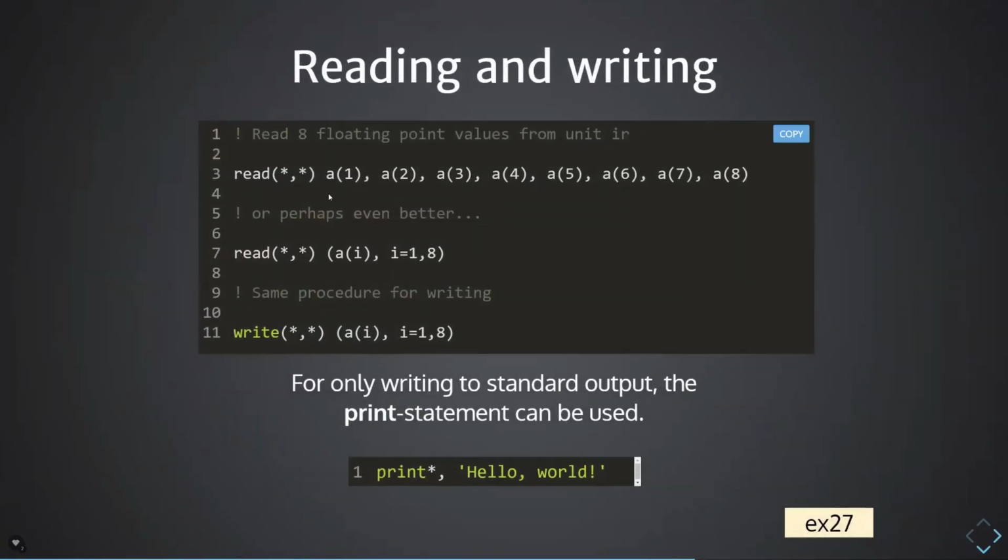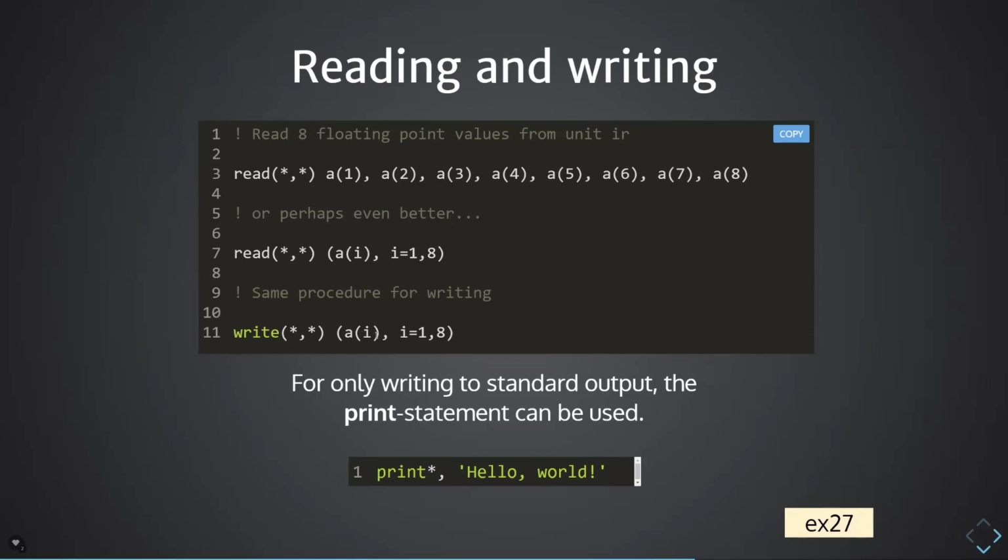Read star, star means we read from standard input. And then we have A1, A2, A3, A4, and so on. The first value from standard input will be assigned to A1, and so on. This can also be replaced by A(I), I equals 1 to 8. So these are equivalent statements.